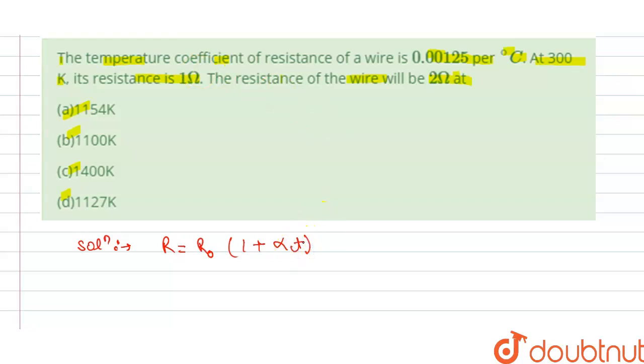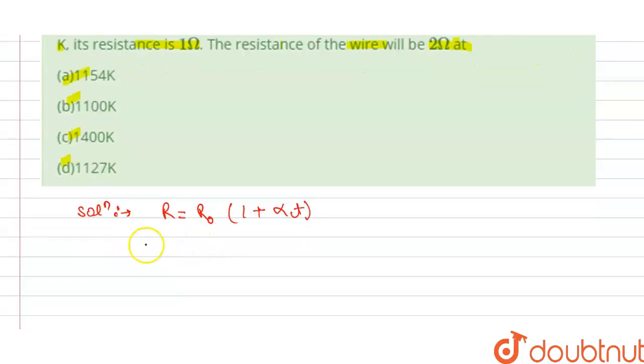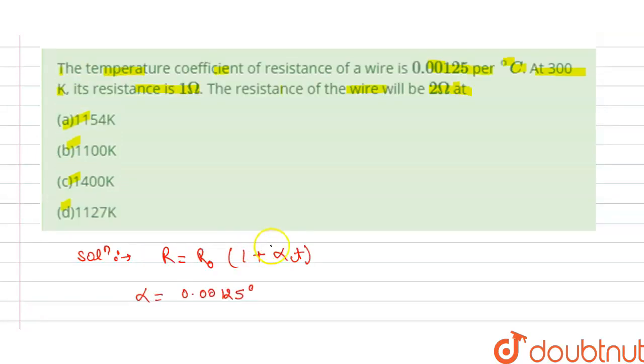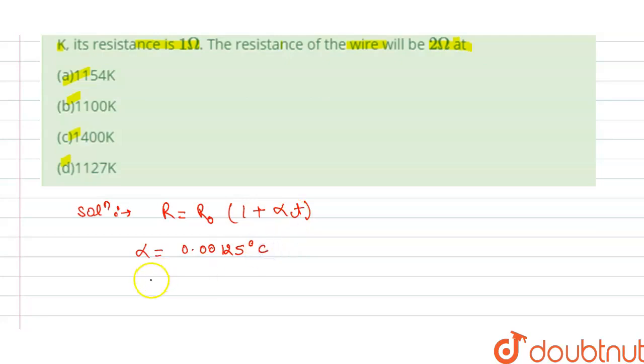Alpha is given to us as 0.00125 per degree Celsius, so T is also in degrees Celsius.